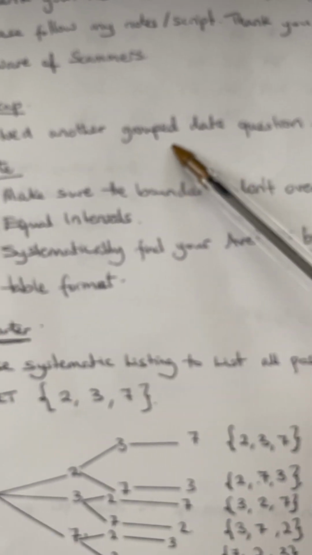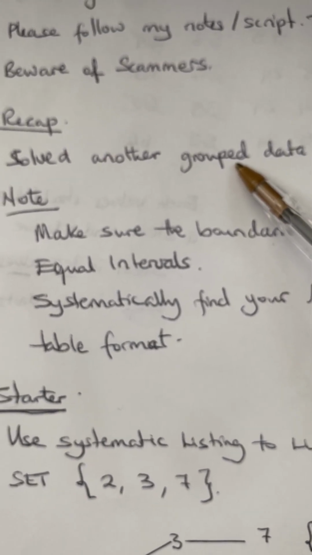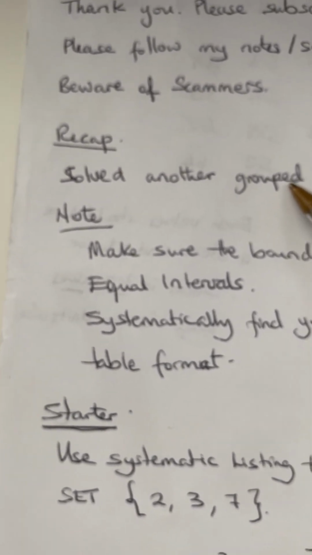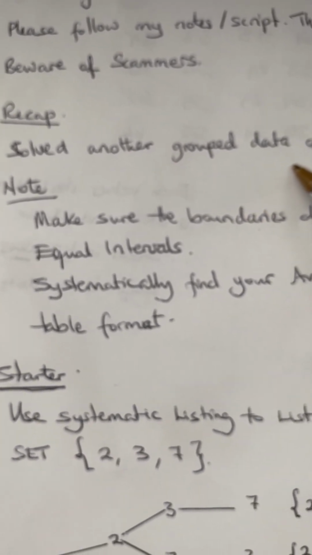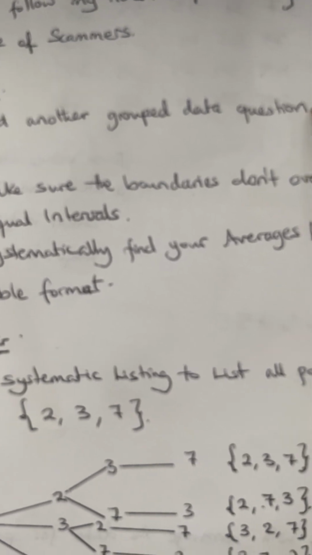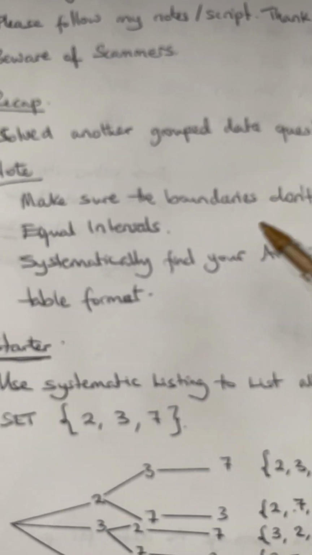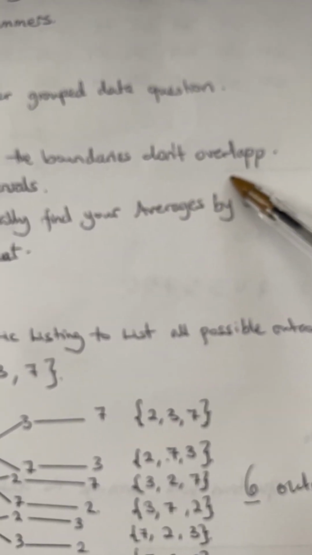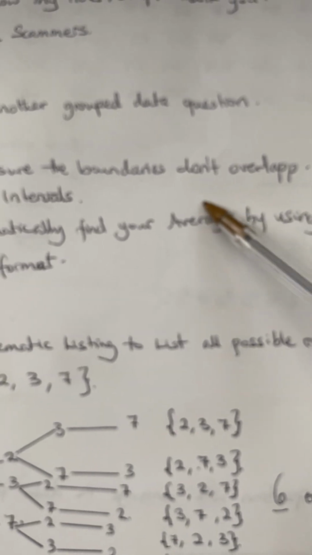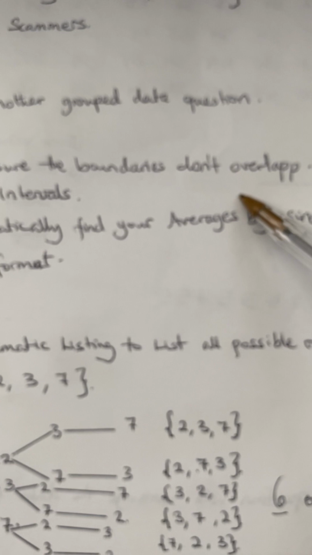Okay, and we've been talking about group data from our last lesson. We've done a couple of group data examples, and we said make sure the boundaries don't overlap. So if you have 1 and 2, then you can have 3 and 4.